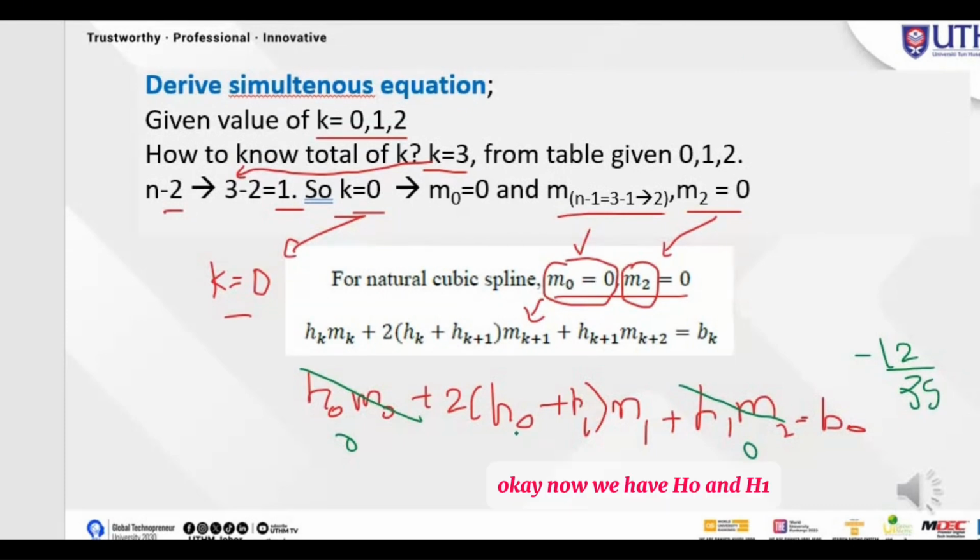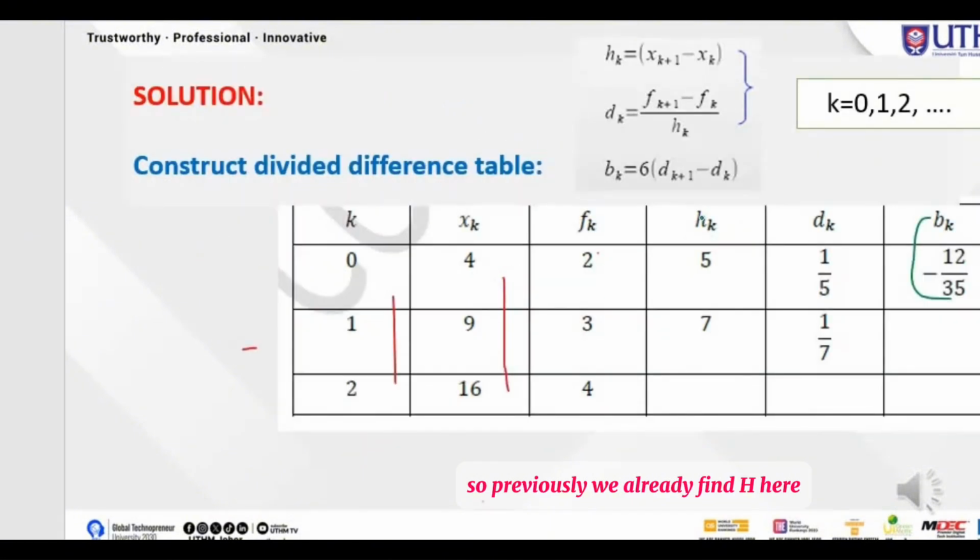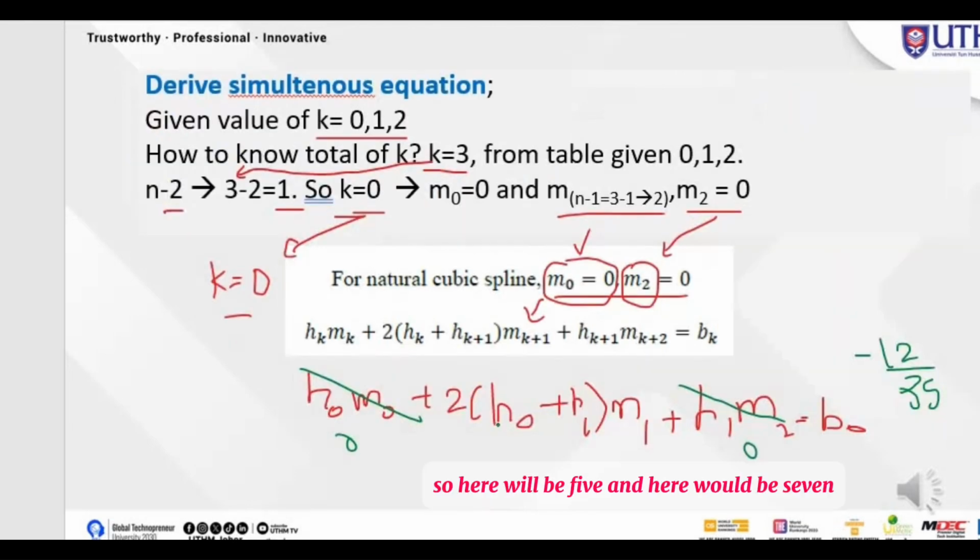Okay, now we have H0 and H1. So previously we already found H here. So H0 and H1 are 5 and 7. So here will be 5 and here will be 7. So if you look at here, we only have one unknown, which is M1 only.